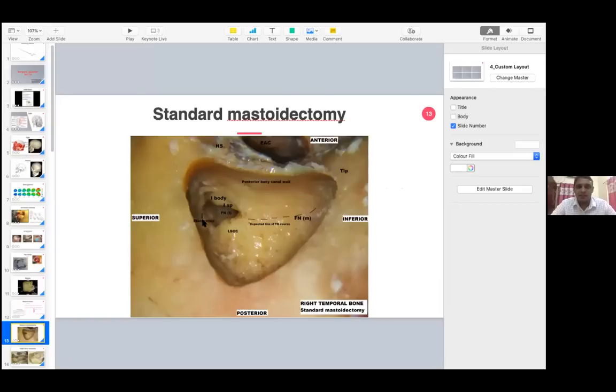These are small partitions which separate the small air cells. Once you open the stalactites, that can lead to bigger air cells, the mastoid antral air cells. This is a small partition-like thing in between the air cell system of the mastoid.